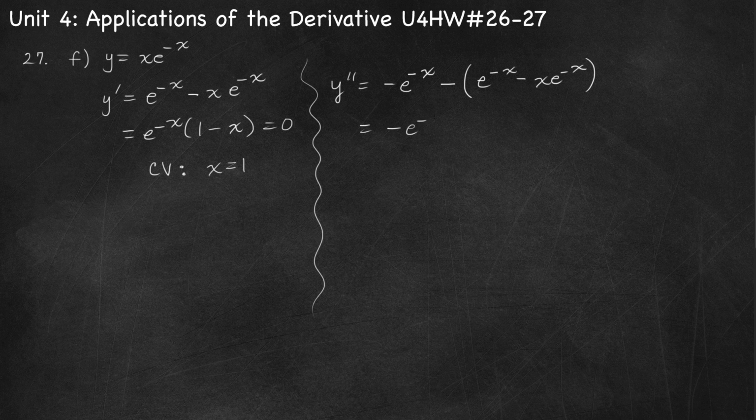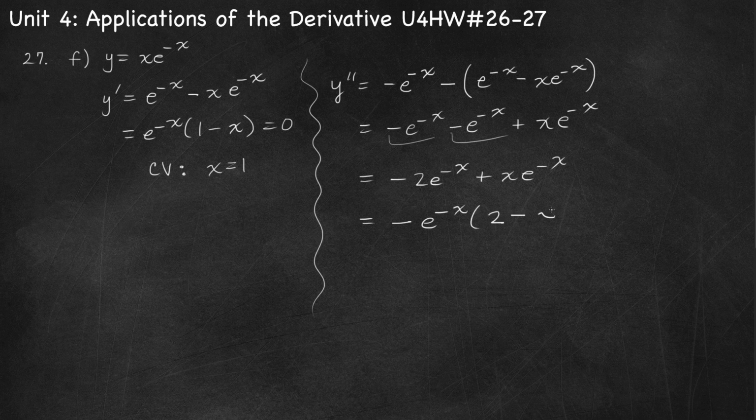So we have -e to the -x minus e to the -x plus x e to the -x. These are like terms. So we have -2e to the -x plus x e to the -x. And I can factor out -e to the -x, leaving me with 2 minus x.